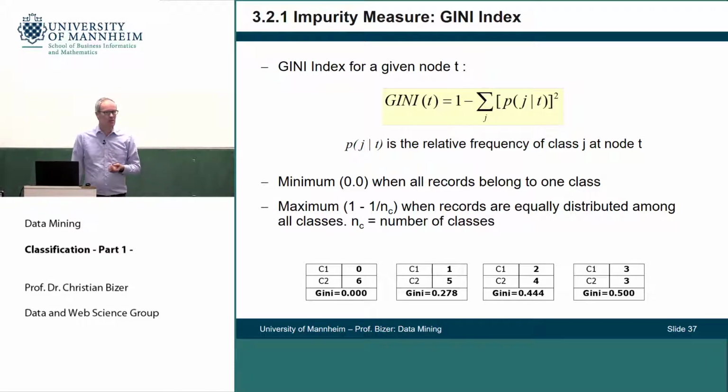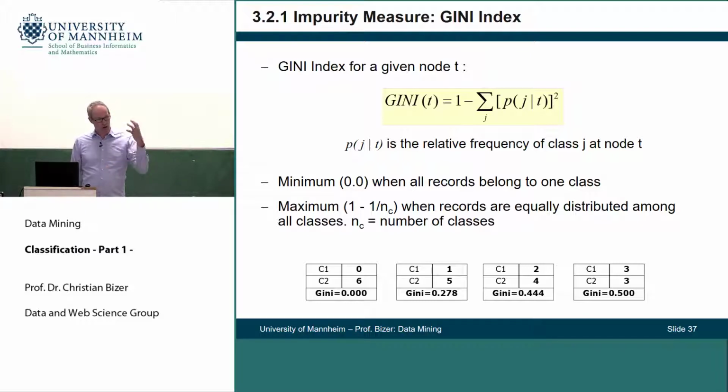So the Gini is defined as 1 minus the relative frequencies of the different classes in the resulting set, and these relative frequencies are squared. So we basically want to put more weight on distinct relative frequencies.